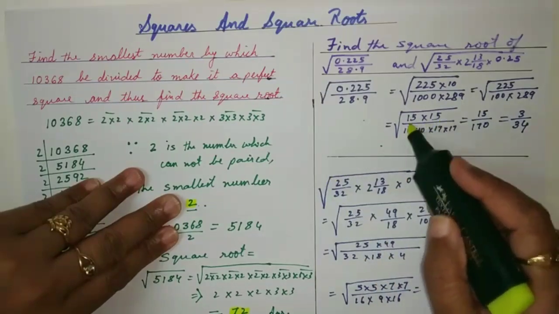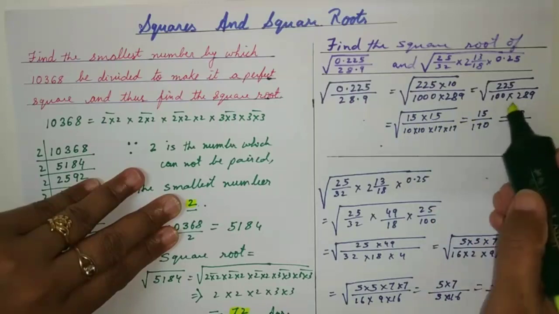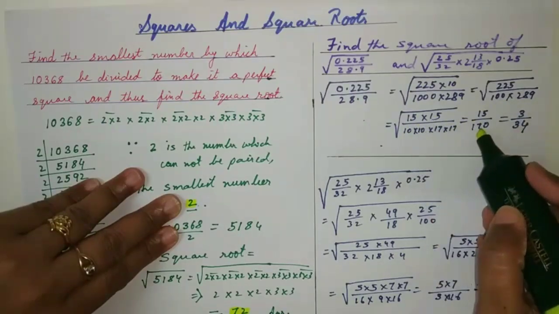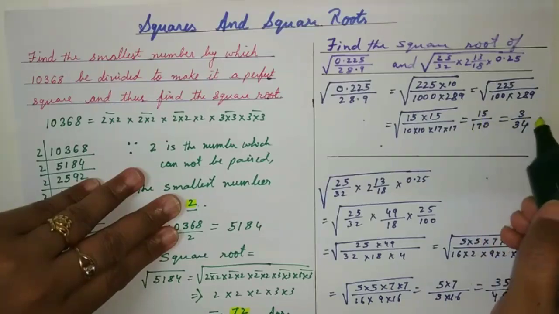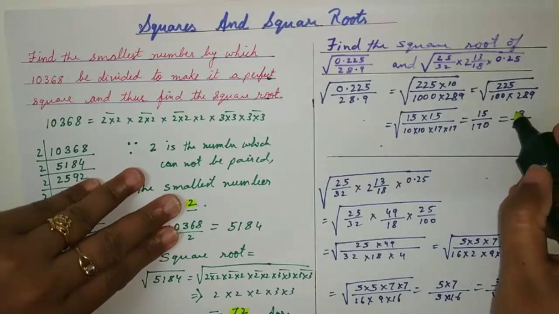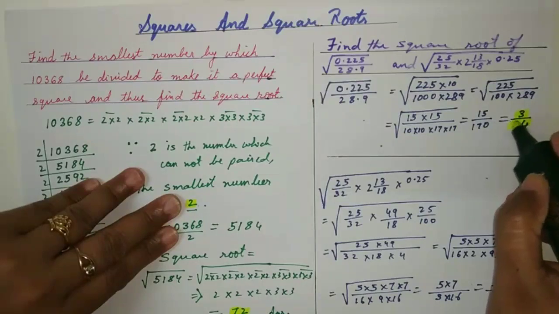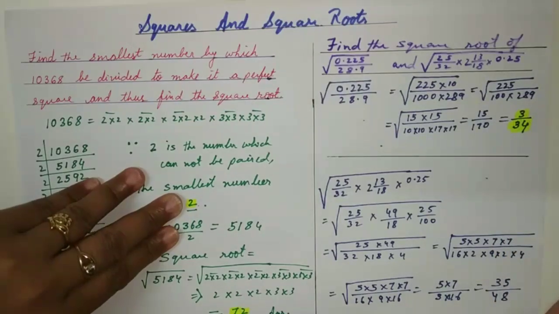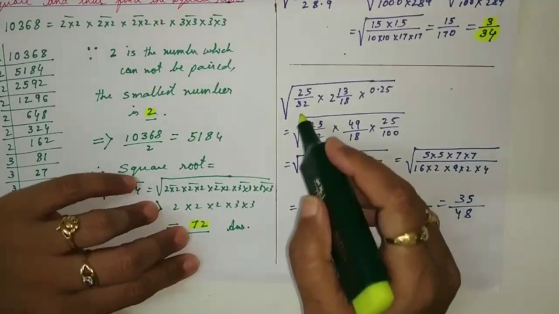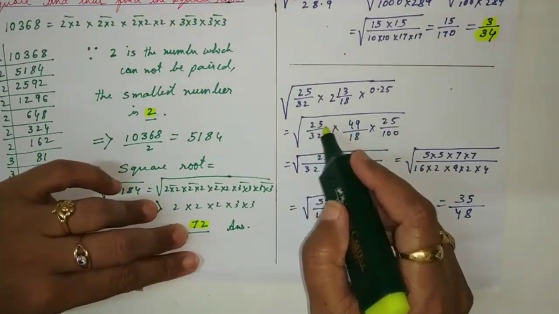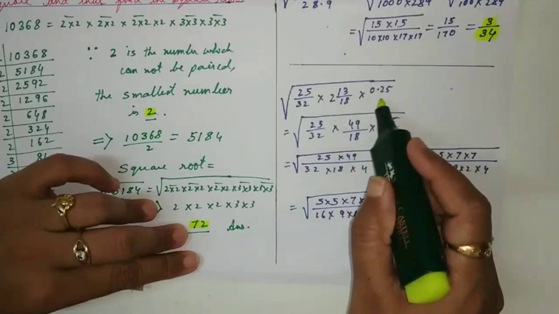So 15 into 15 pair, so 15. 100 is always 10 into 10, so 10, and 17 into 17, so 17. By cancelling by 5, you get 3 by 34 is the answer. And for the next question, where 25 by 32, 2 whole 13 by 18 and 0.25.